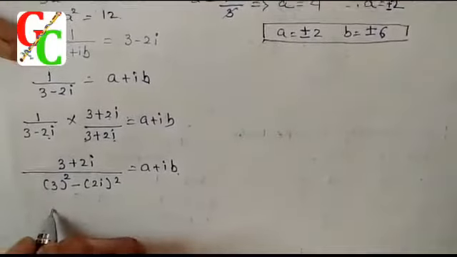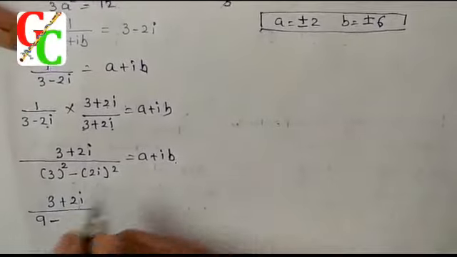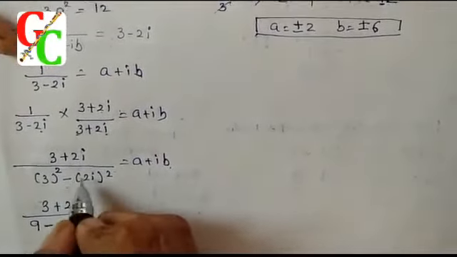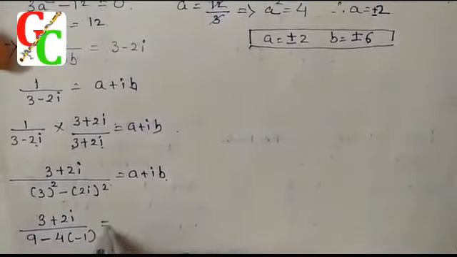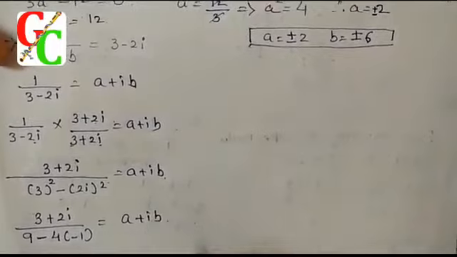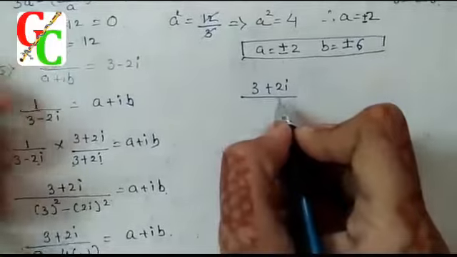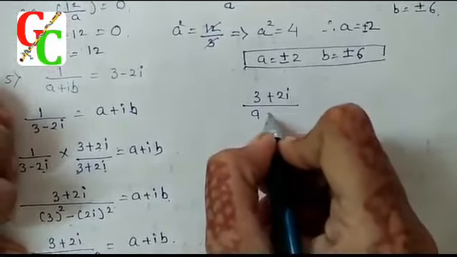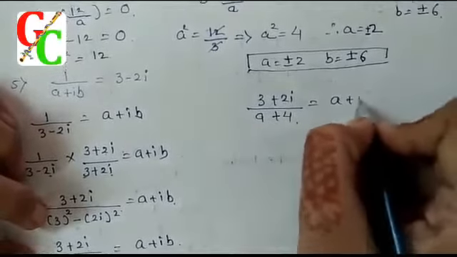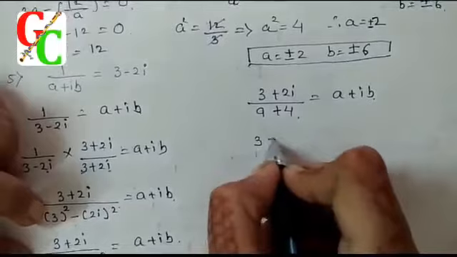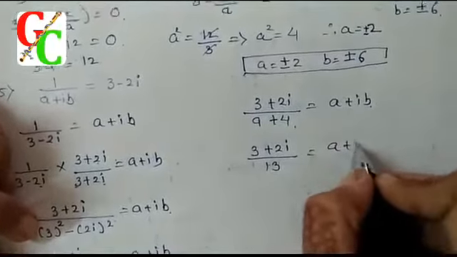So 3 plus 2i upon 9 minus 4 i square, where i square is minus 1, so 9 plus 4, is equal to a plus ib. So 3 plus 2i upon 13 is equal to a plus ib.